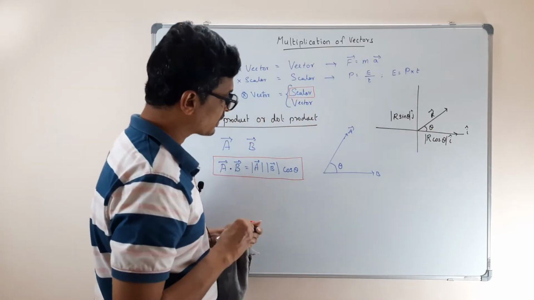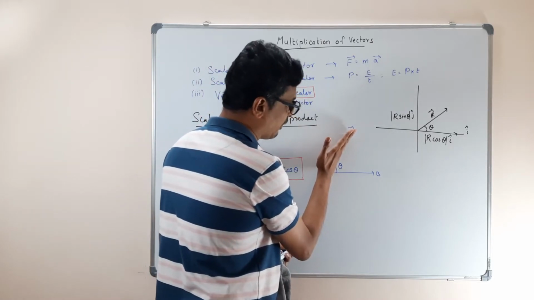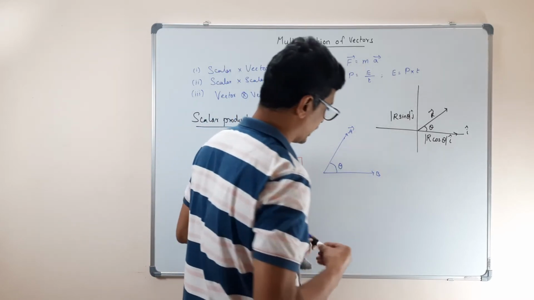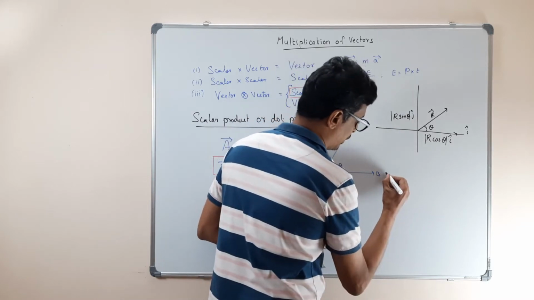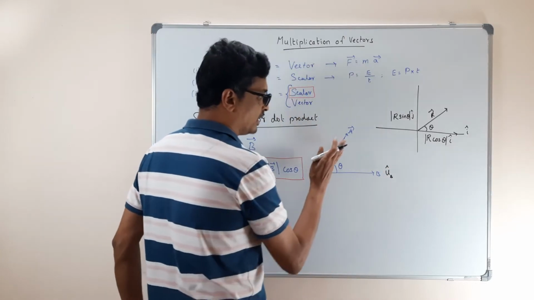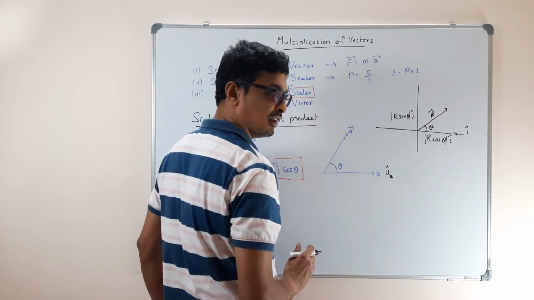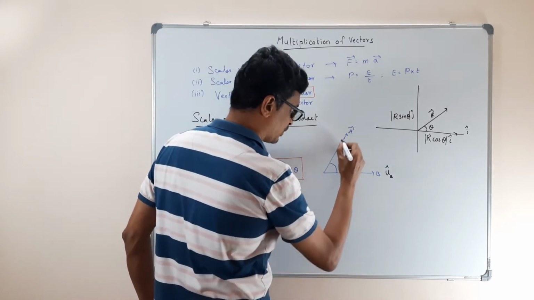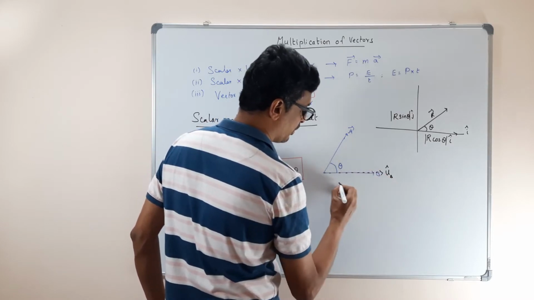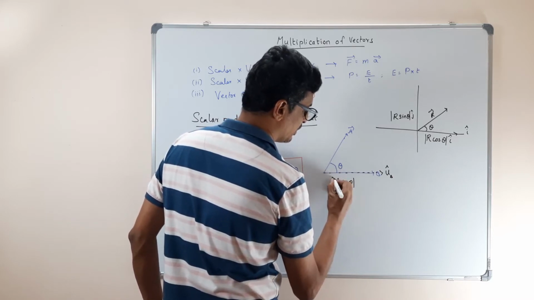Now if I ask you, what will be the component of A vector, the magnitude of A vector, along B vector? Let us say B vector I am going to give a direction as UB cap. Give me the component of A vector along UB. A cos theta. Correct. So the component of A along B vector would be A cos theta into UB.